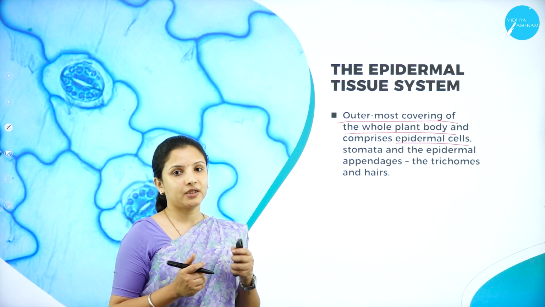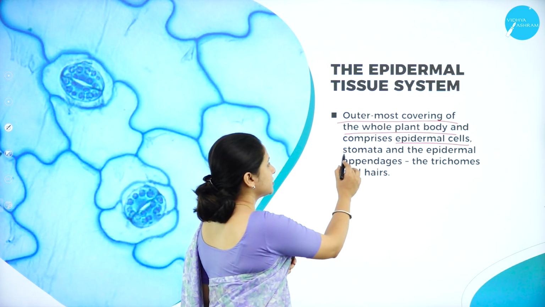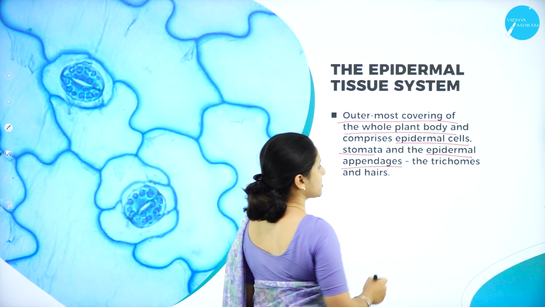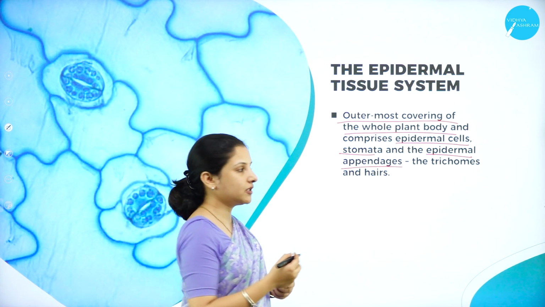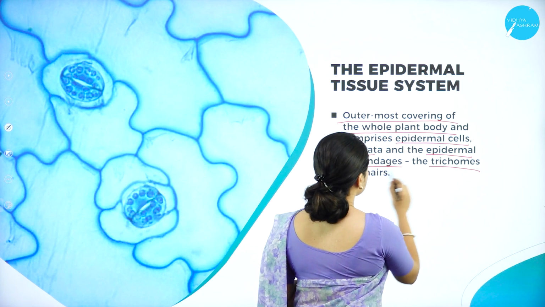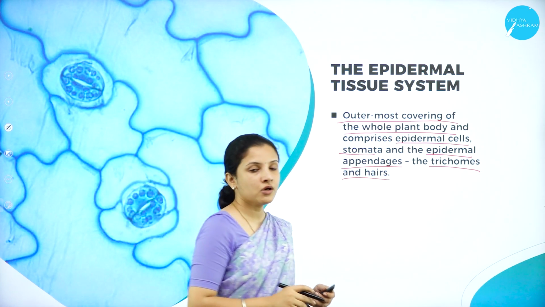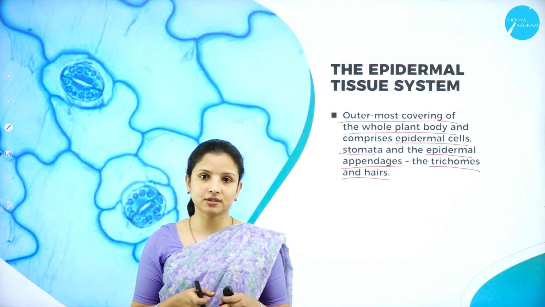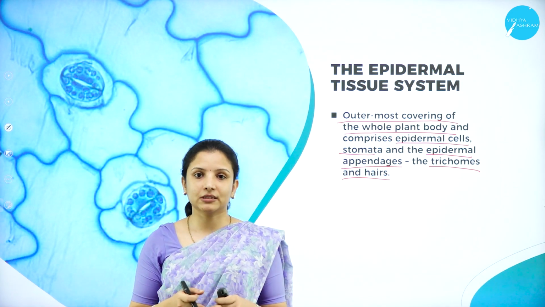In between the epidermal cells, they also have stomata and epidermal appendages such as the trichomes and the hair. When I talk about the epidermal tissue, don't think that it is limited either to the leaf or the stem, but it also extends to the root.